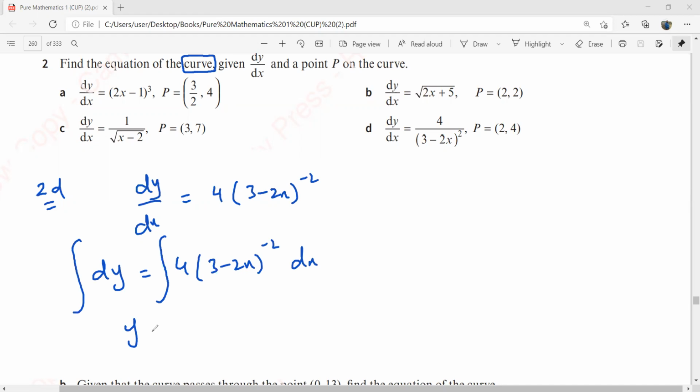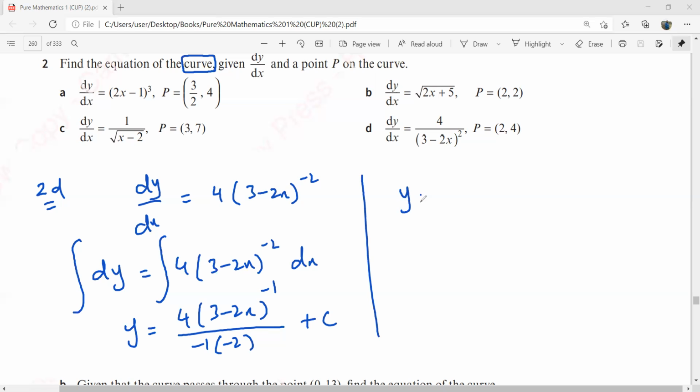So you have y equal to 4 into (3 minus 2x) to the power minus 1 over minus 1 into minus 2, and then plus c. You can cancel this 2 with the 4 here, and minus into minus is plus, so y is 2 over 3 minus 2x, and then plus c.